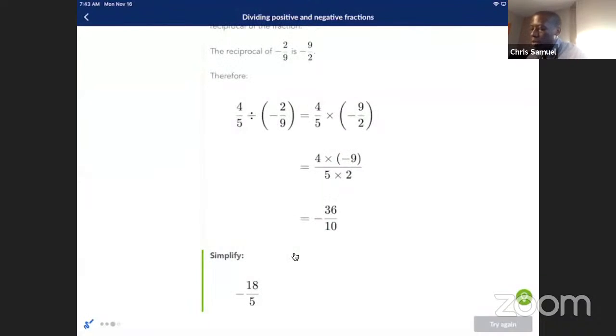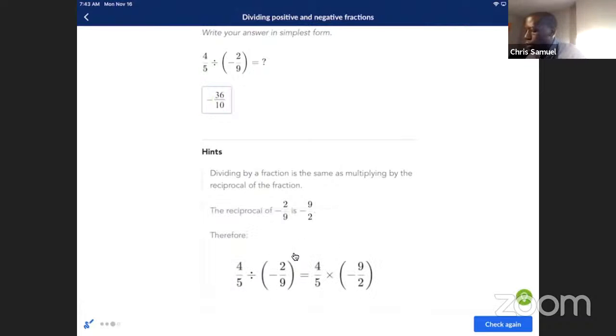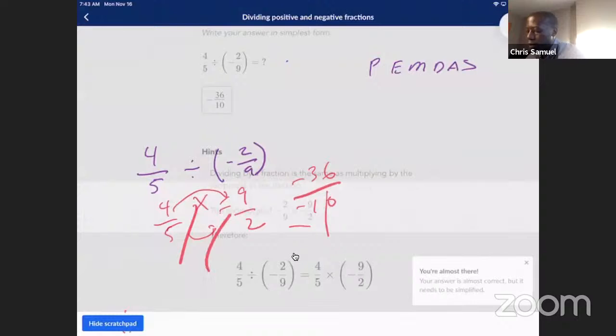Okay, so what's going on is that I'm putting a negative at the bottom when I should just put it so the whole thing is negative, which makes sense. All right, so now we can simplify it, and that would be 18.5, right?